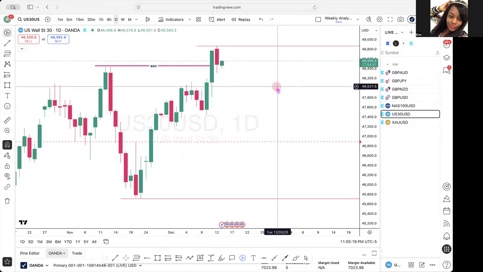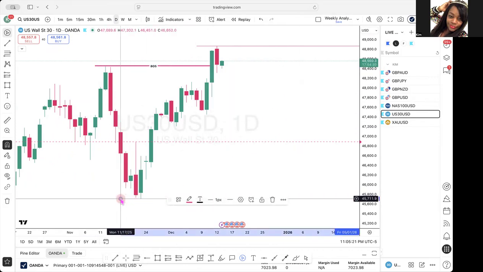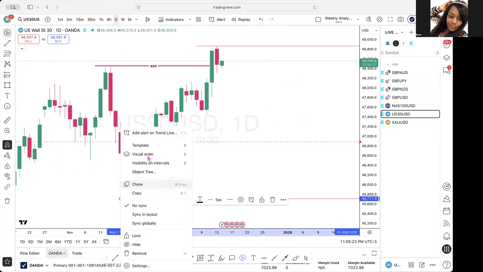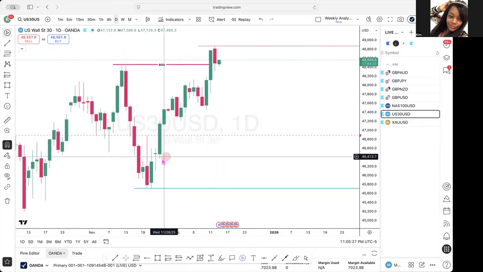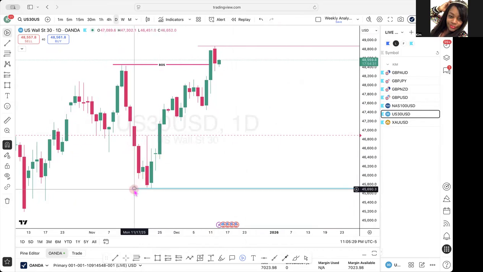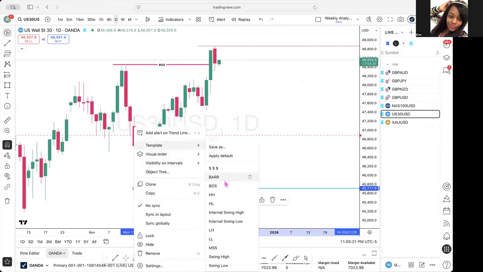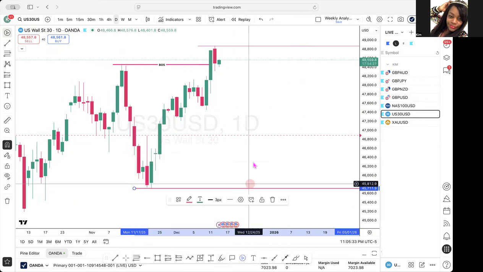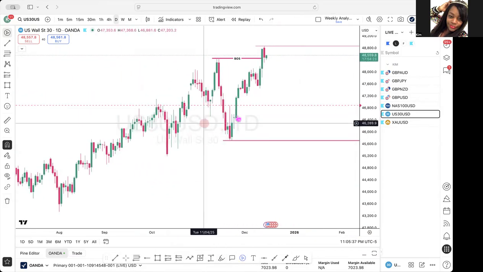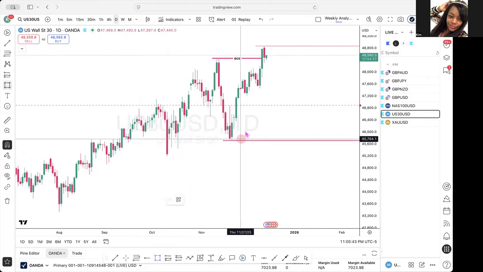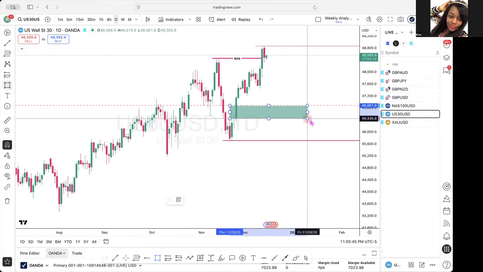Break of structure. Swing low. All right. So now this is our current demand zone, right?